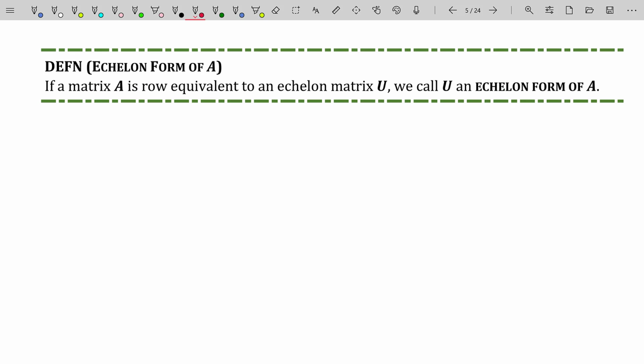If a matrix A is row equivalent, in other words, you did some row operations on it and turned it into a brand new matrix, but this brand new matrix is an echelon matrix, in other words, it satisfies those three conditions: all zero rows are at the bottom, all leading entries are staggered to the right diagonally, and any column that contains a leading entry has zeros below the leading entry.